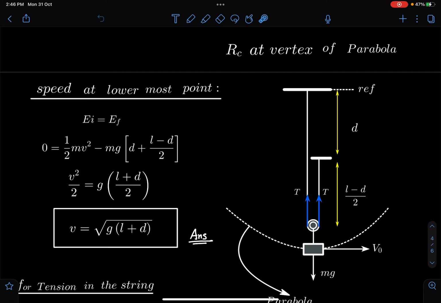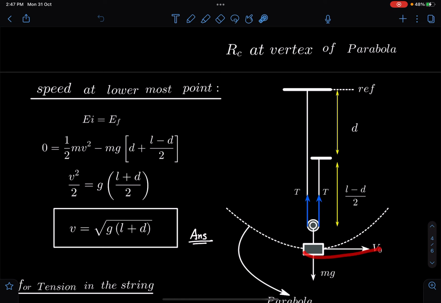Once you get this result, just apply energy conservation here, and at this moment let's say its speed is v naught. So initial energy equals final energy. I'm taking the initial energy reference here, so that the entire mass is present at this point, so kinetic energy is 0, potential is also 0.